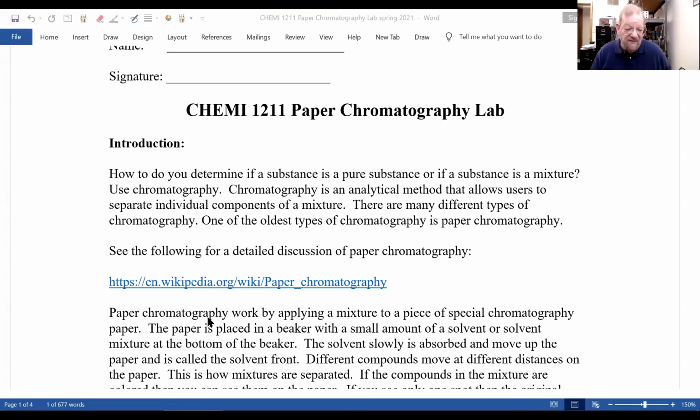And that's a way of being able to identify. If you only see one dot, it's pure. If you see a lot of dots, like here, it's a mixture of three things. And that's paper chromatography. Now, when we do this at COD, it's not as fancy as this one.